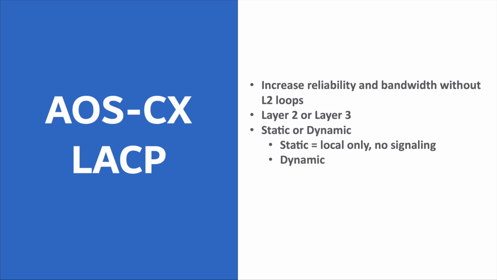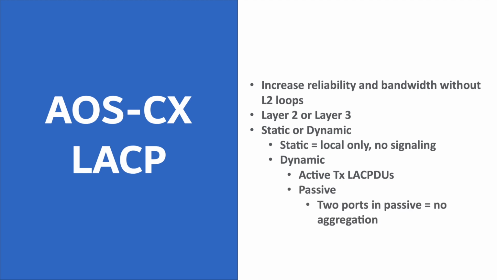Dynamic is where you have signaling, and dynamic is subdivided into two types, one being active, where a switch will actively transmit the data unit, so the LACP DUs, to the far end, and passive, where the switch doesn't. This is where you get these quiz questions around LACP about the combinations of configuration.